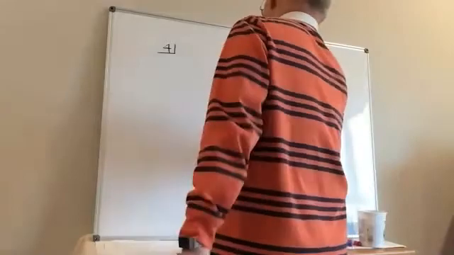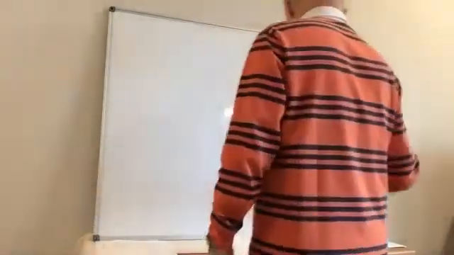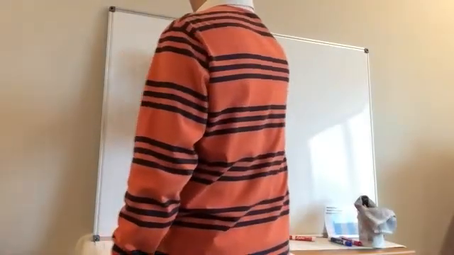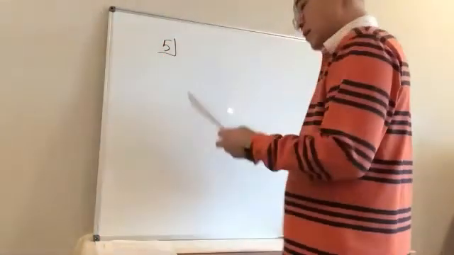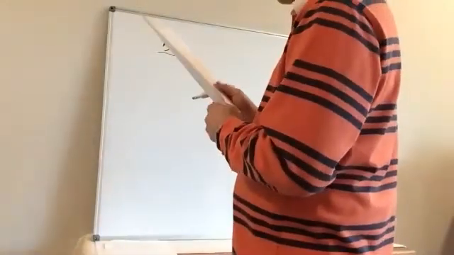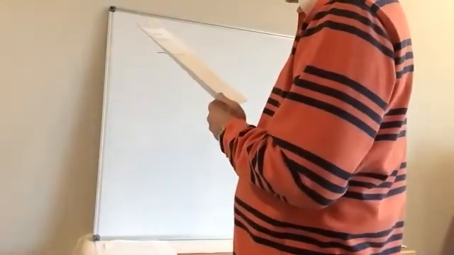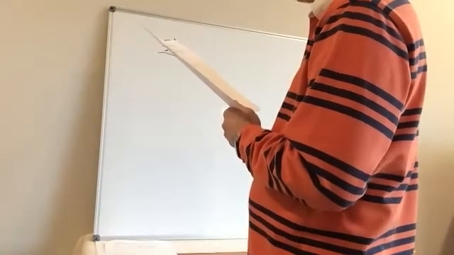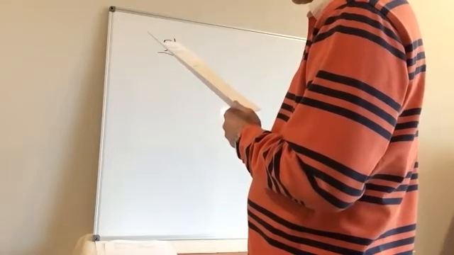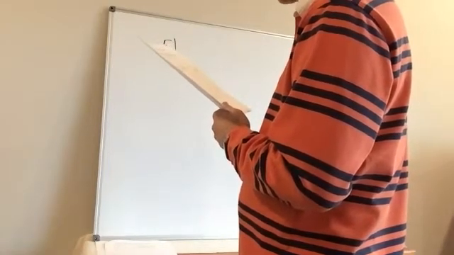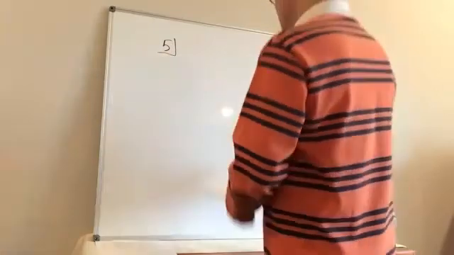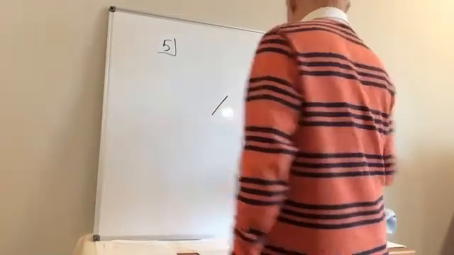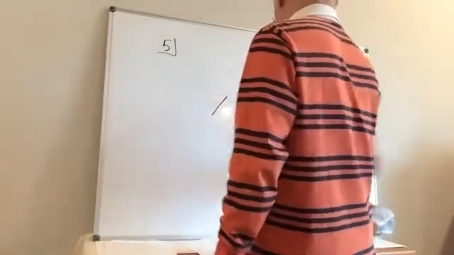So let's do number 5. An open top rectangular box has a square base and it will hold 105 cubic centimeters. Each side has a length of x and a height of y. Let's go ahead and draw this first.